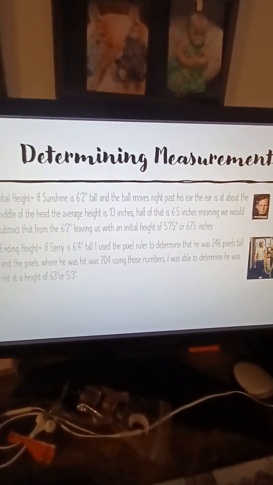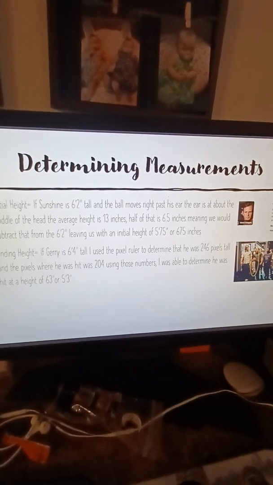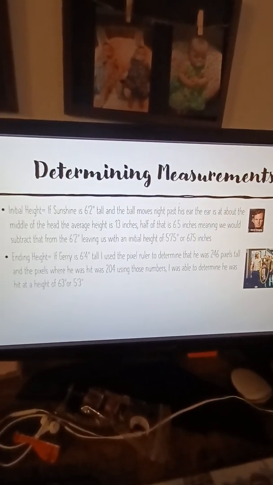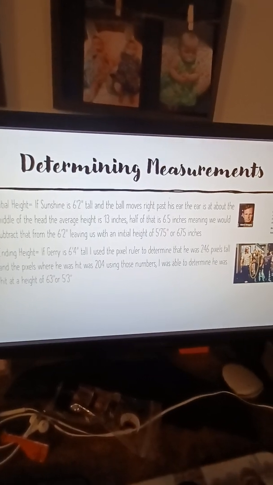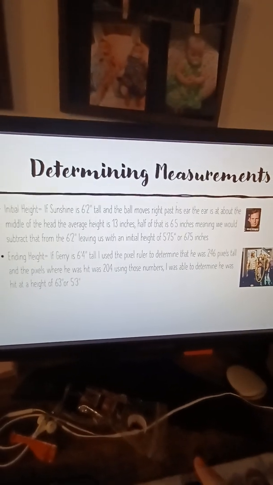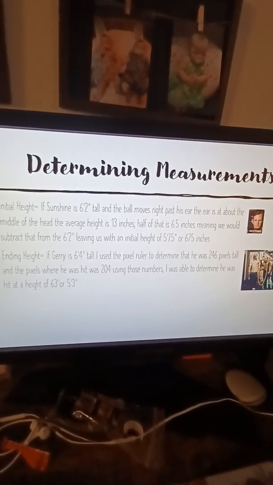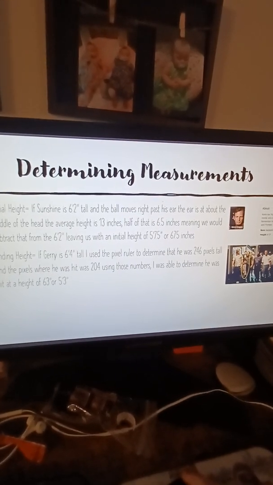I used the pixel ruler to determine that he was 246 pixels tall, and the pixels where he was hit is approximately 240. So using that, I was able to create a ratio to determine that he was hit at a height of 63 inches, or 5 foot 3 inches from the ground.